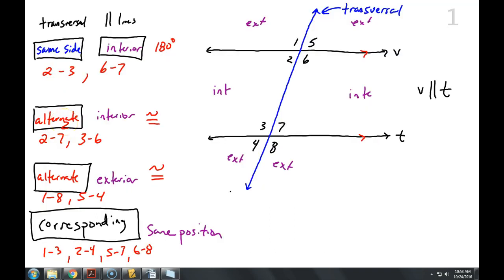if my board cooperates with me. All right, so basically, some things that we have from 3.2. We had a few theorems there. And one of the theorems says that if two lines are parallel, let's just say L is parallel to M, then alternate interior angles are congruent.